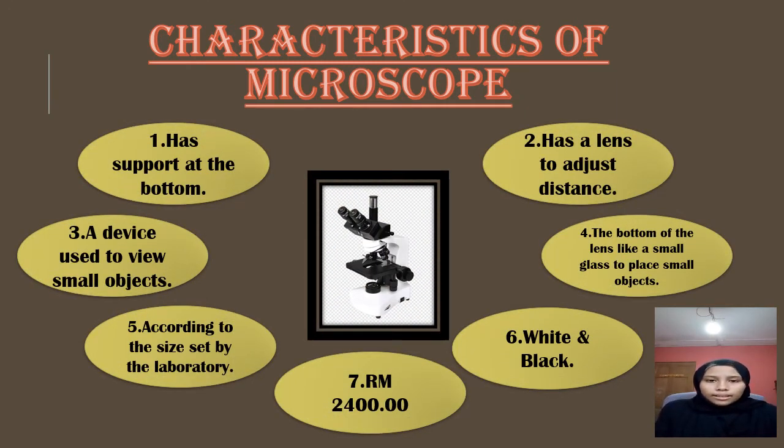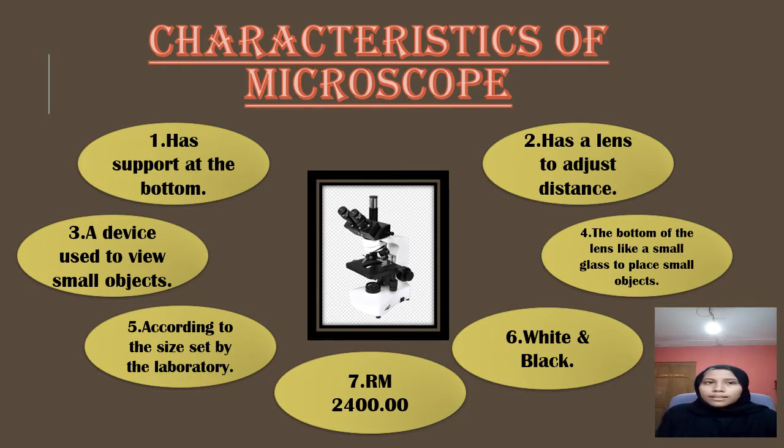Next is characteristics of microscope. Firstly, it has a support at the bottom. Next, it has a lens to adjust distance. Then the third, it is a device used to view a small object. It also has a small glass at the bottom of the lens to place small objects.